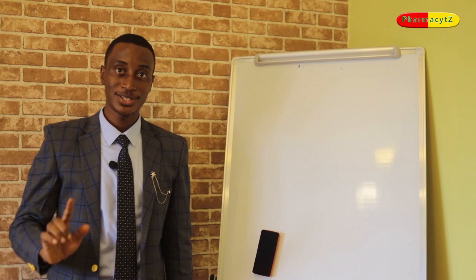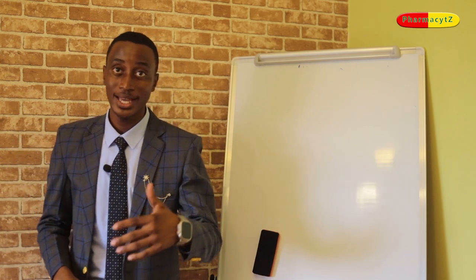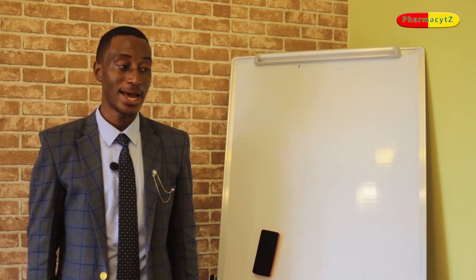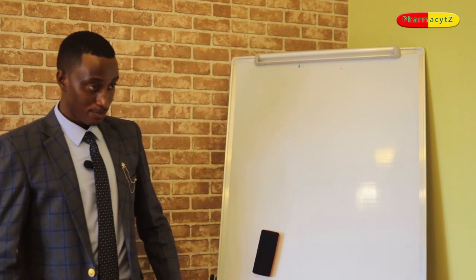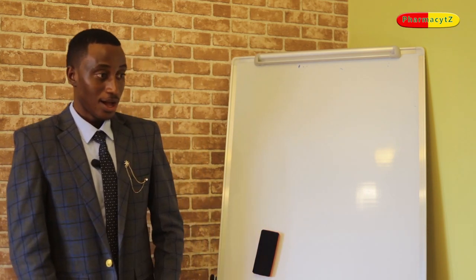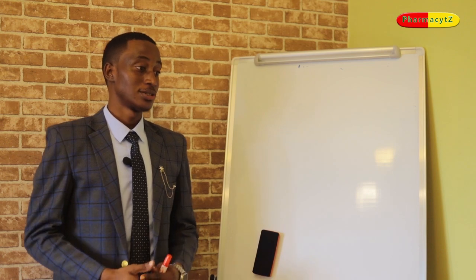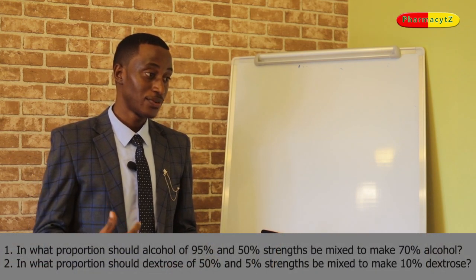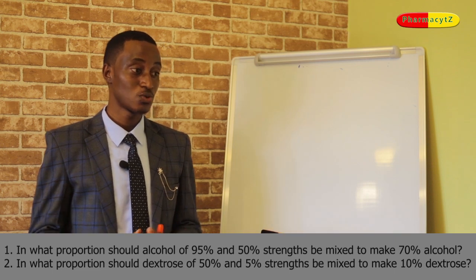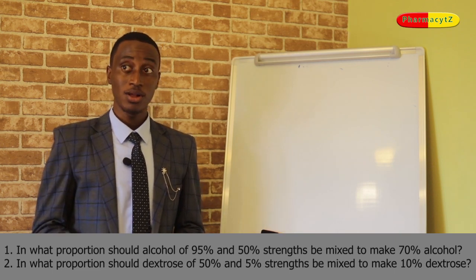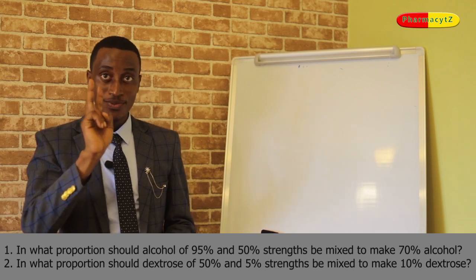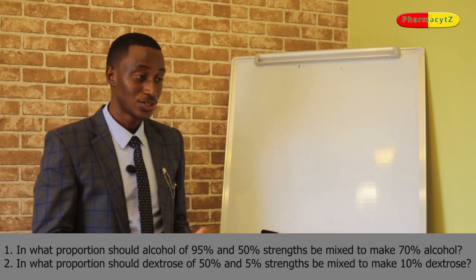So the question itself is going to inform you which kind of alligation you are going to apply. Let's take an example of this question. In what proportion should alcohol 95% and 50% strength be mixed to make 70% alcohol? According to this question, we have different kinds of alcohol with different concentrations.